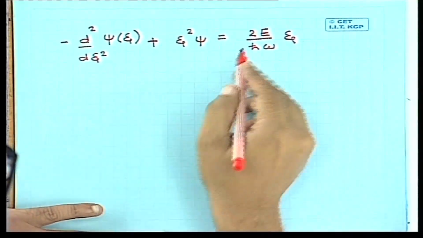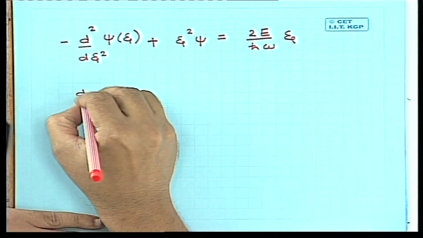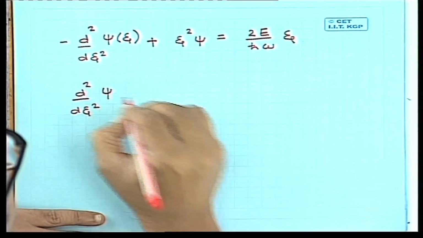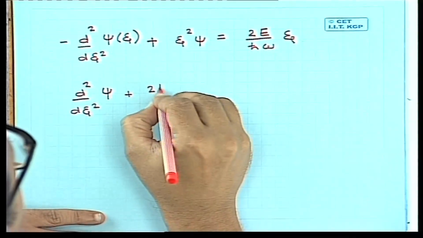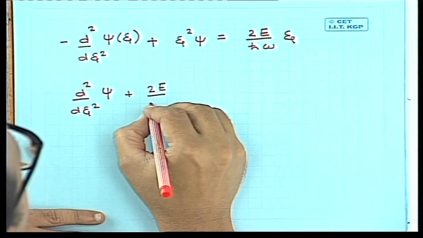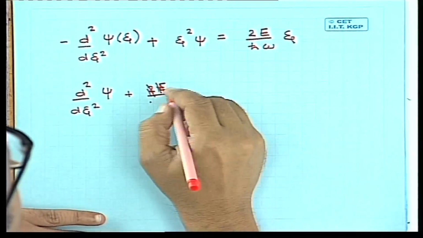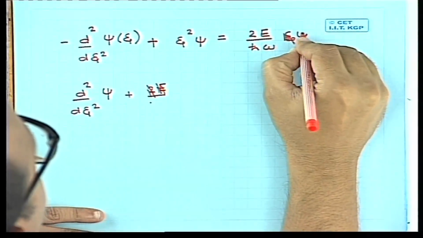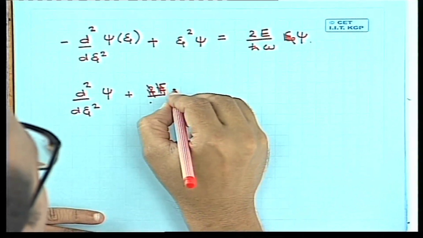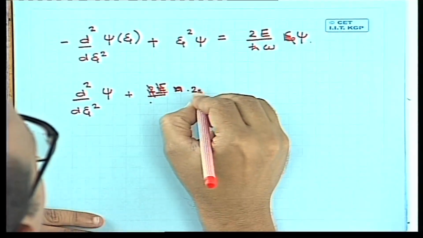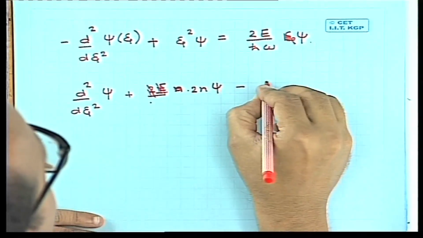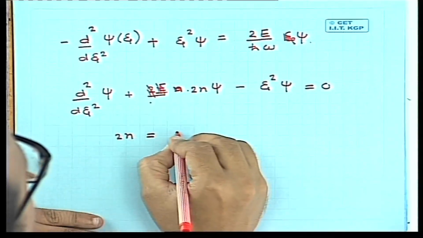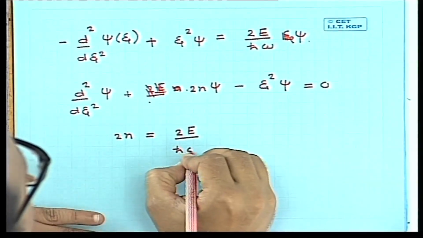So let me write that also here: d square psi d xi square plus 2n psi minus xi square psi is equal to 0, where 2n is equal to 2E by h cross omega.